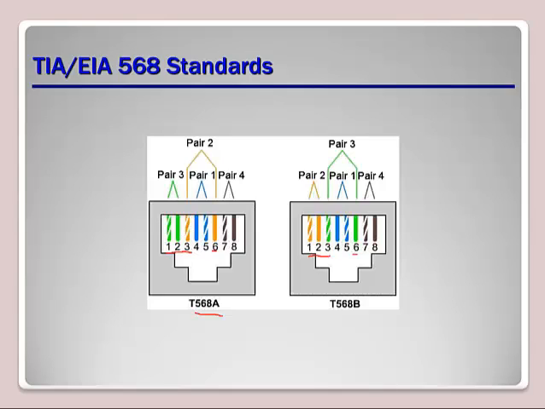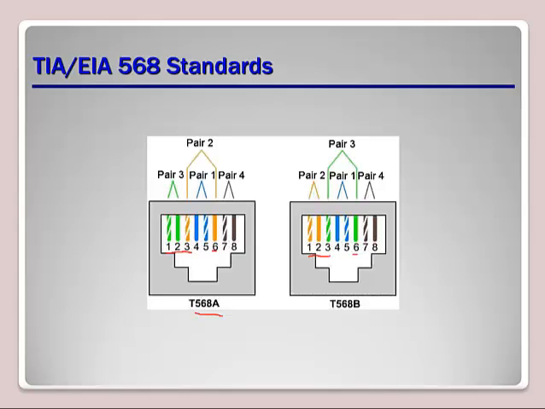It's orange-white, orange, green-white, green, okay? And all this is to keep a standardized method of cabling throughout the whole network. So if you're going to use B, go B the whole way. And that seems to be the common thing, as people have been using the B method.